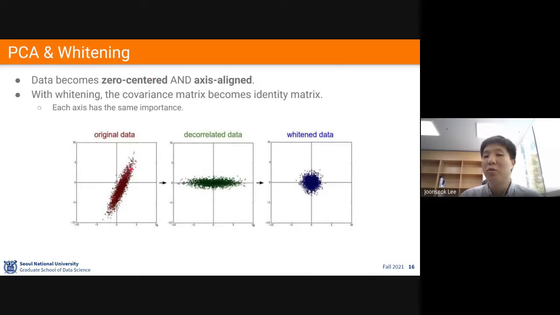We find the best coordinate system to preserve the variance of each dimension and minimize the correlation between different axes. So it becomes like that. We actually rotate the axes this way. And then when you whiten, which means you remove the relative importance of each dimension, it becomes like this, which looks like white noise. So we call it whitening.